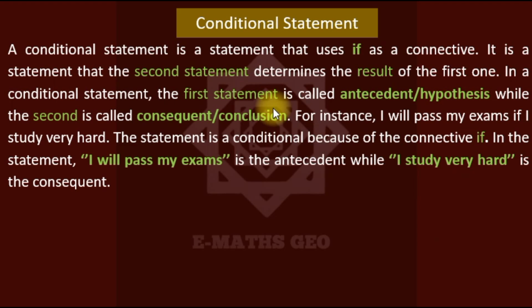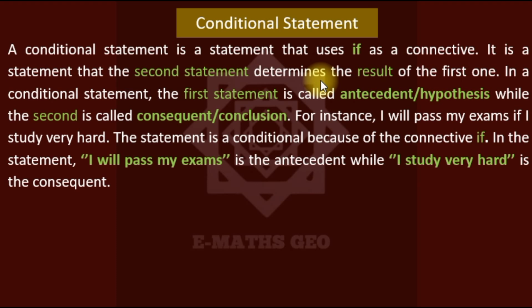Okay, we are on conditional statements. A conditional statement is a statement that uses if as a connective. So whenever you see if in a statement, know that it's a conditional statement. It is a statement where the second statement determines the result of the first one. So the second statement, called the consequence or conclusion, determines the result.